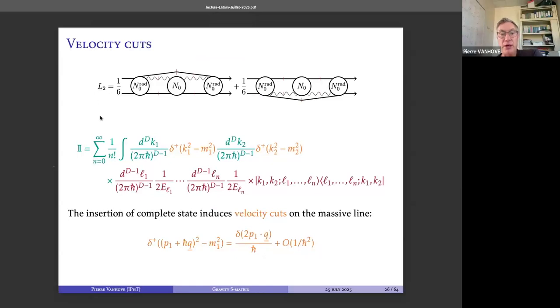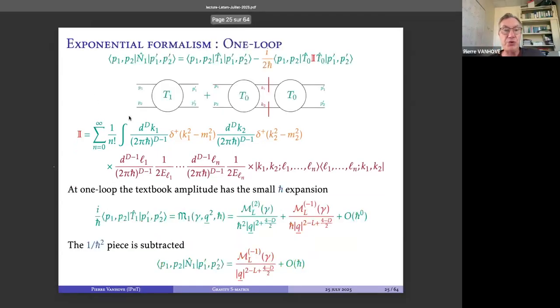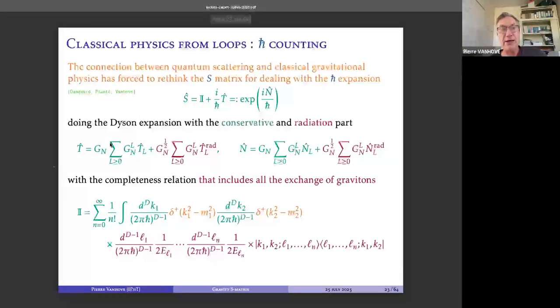Now, if I go to higher loops, this is why I had to introduce this, because so far, in this lecture, I only want to discuss the conservative part. That means 2 to 2: my 2 black holes come in and 2 black holes go out. I don't want to include observables that have gravitons in the external states.